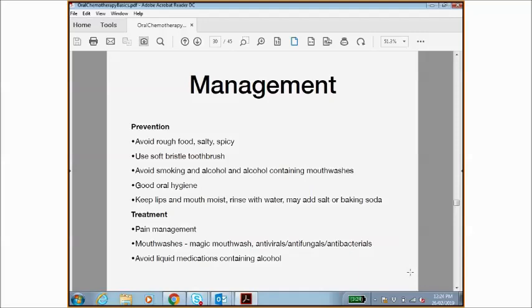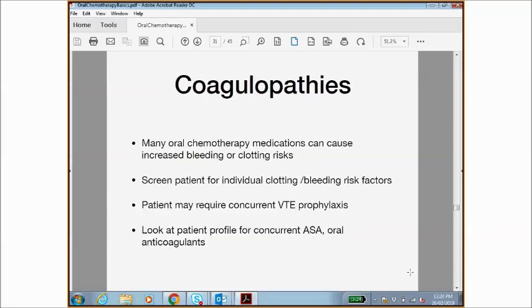Sometimes you will get a physician that says, okay, this person is having difficulty with their mouth, so we're going to change this pill to a liquid. And then you look at the alcohol content of the liquid, and it's 30%. So just make sure when you're dispensing those liquids that you have that in mind. You want to avoid the alcohol and the drying effect.